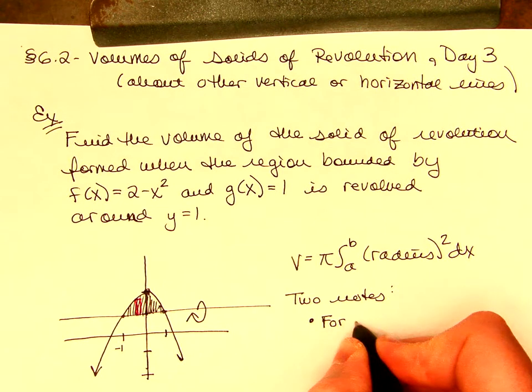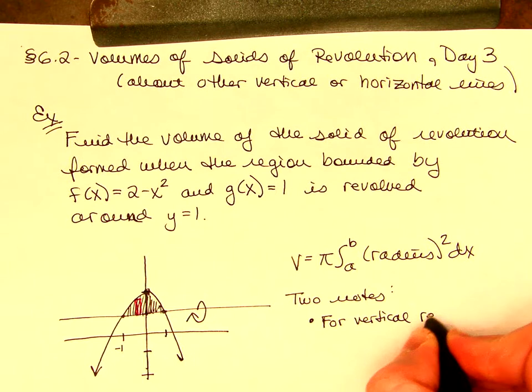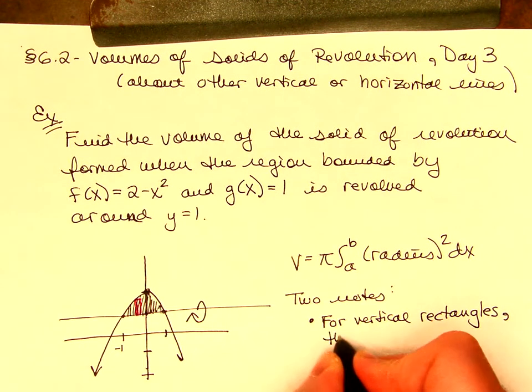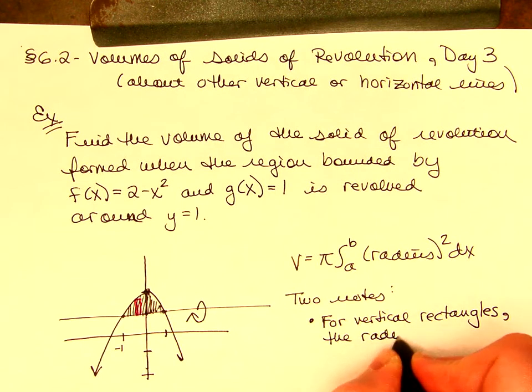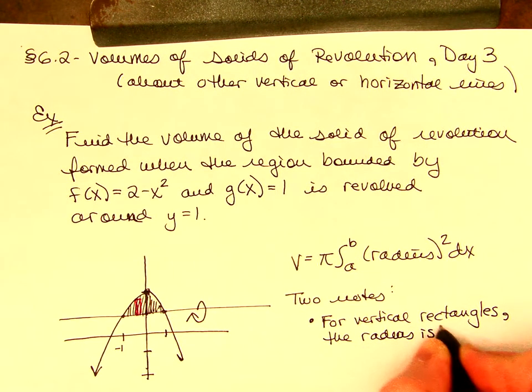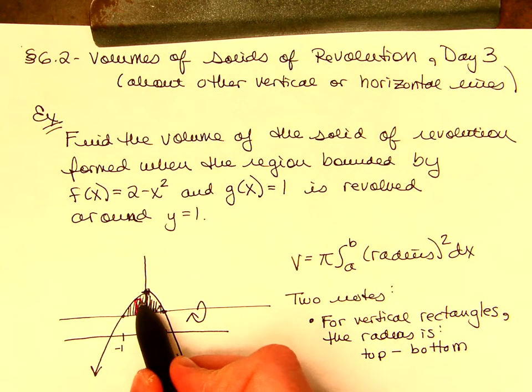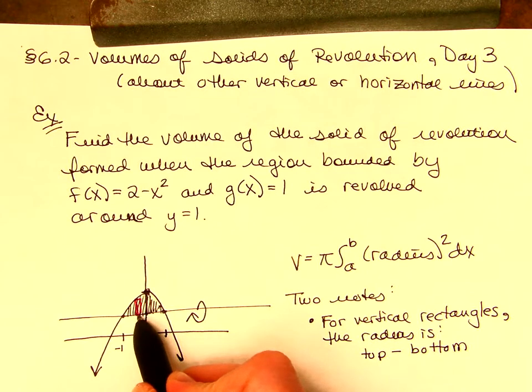For vertical rectangles, the radius is going to be the top function minus the bottom function, which is what I'm going to do here. My top function is going to be my parabola. My bottom function is going to be that horizontal line. I'll do a subtraction problem. I'll do that in a moment.